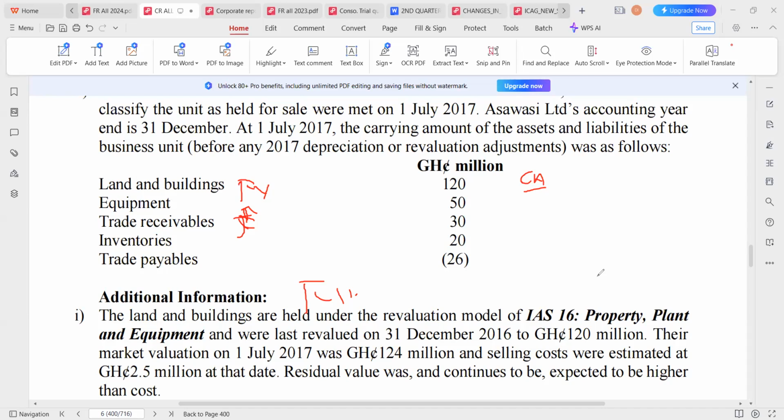The complete one is 1,200, but that small thing you want is 1,000 Ghana. So here, do not sum up the individual. That's all.